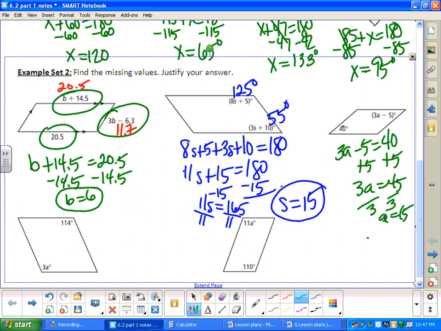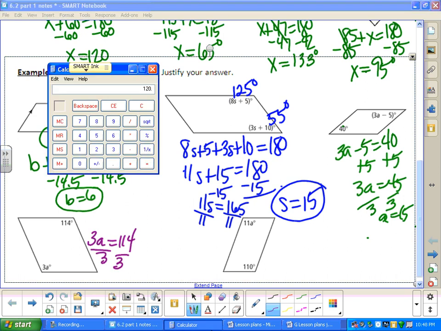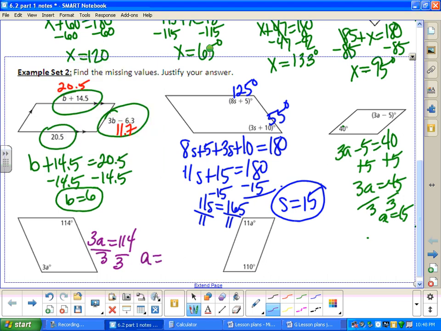Okay, and the last two, same concept. They're opposites, so they equal. So 3a equals 114. I'm going to divide both sides by 3, and 114 divided by 3 equals 38. So a equals 38.